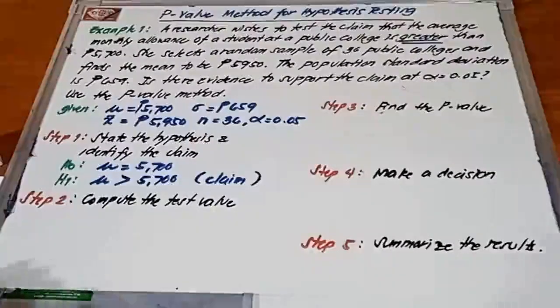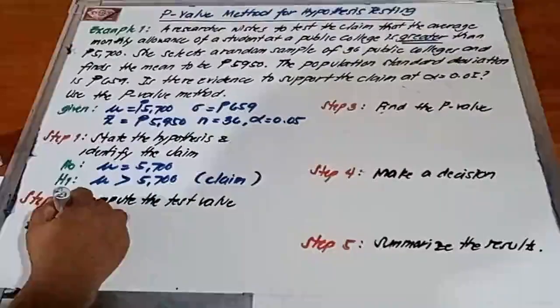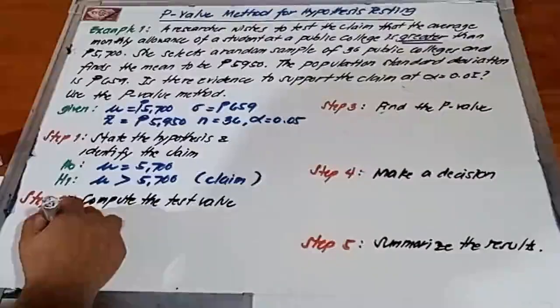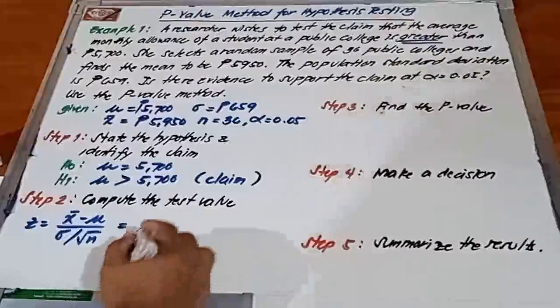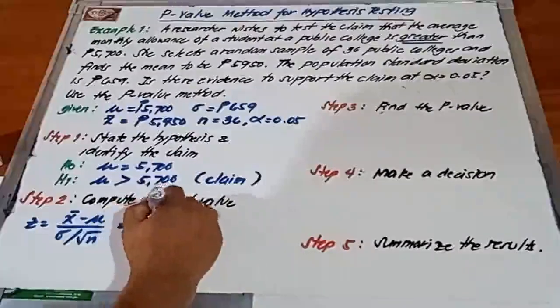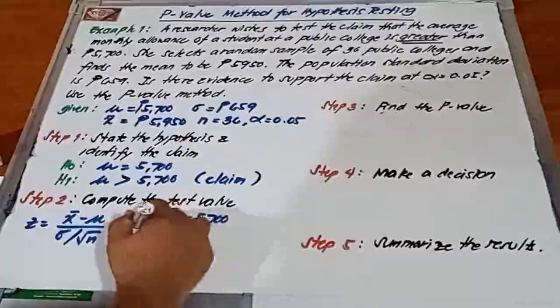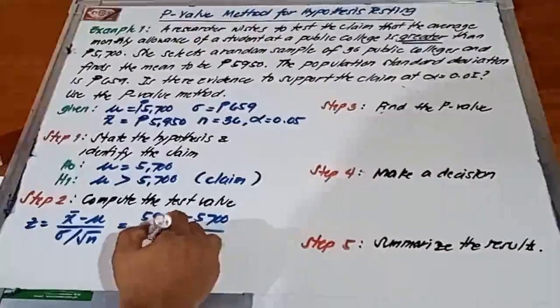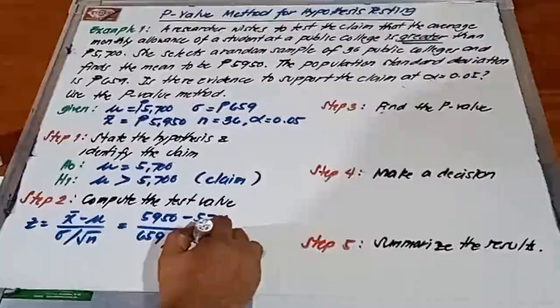And then the second step is we're going to compute for the test value. For the test value, we're going to use the relation z equals x bar minus mu over sigma divided by square root of n. Substitute natin, we have 5,950 minus 5,700 divided by 659 divided by square root of 36.